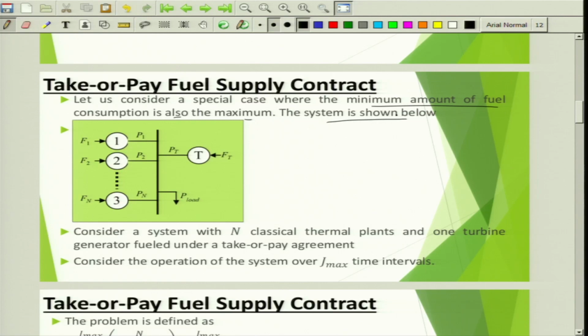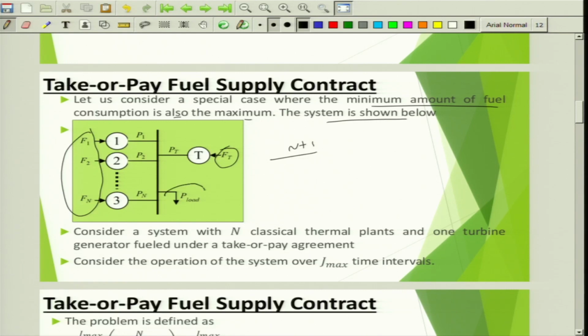From 1 to n there are generators where there is no fuel constraint, and there is only one generator which has a fuel constraint, right. So now you need to optimize the total generation of n generators plus a specific generator with a fuel constraint, that means n plus 1 generators, right.